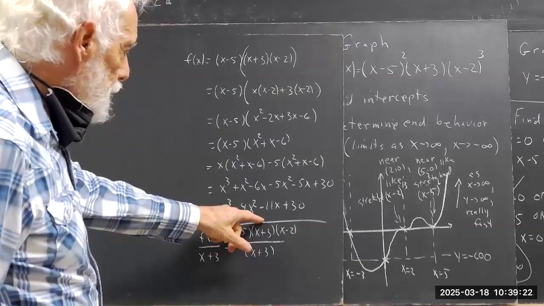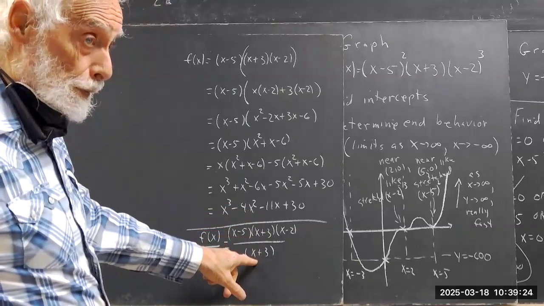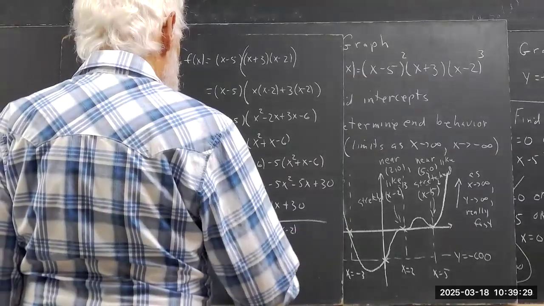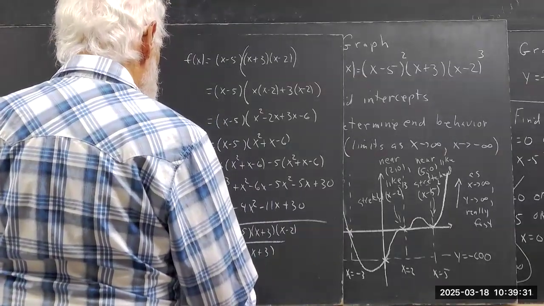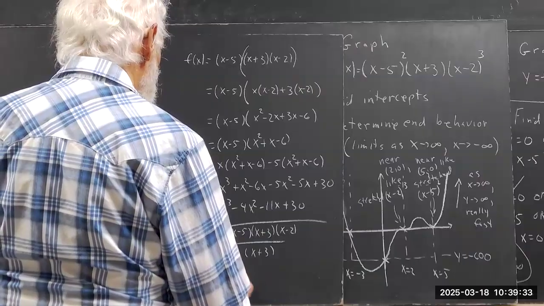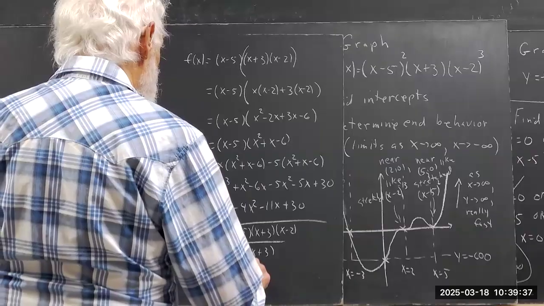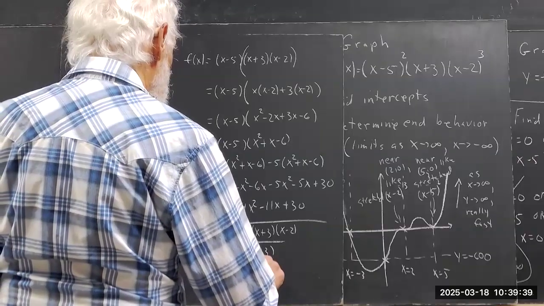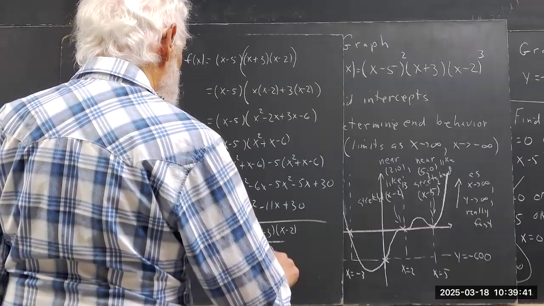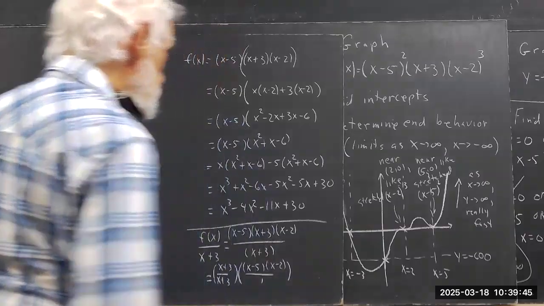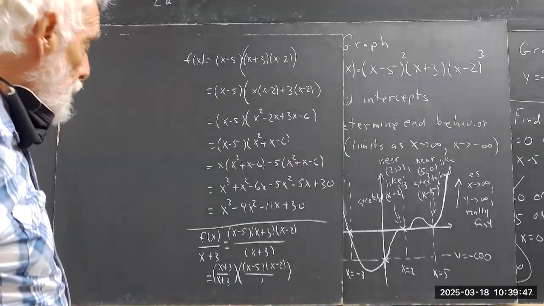And we know we can divide this x plus 3 by this x plus 3. And let's just write it out just to make sure. It's the same as x plus 3 over x plus 3 multiplied by x minus 5 times x minus 2 over 1.